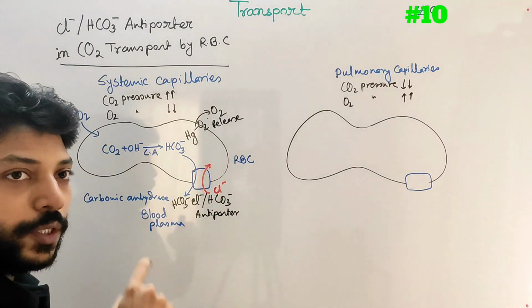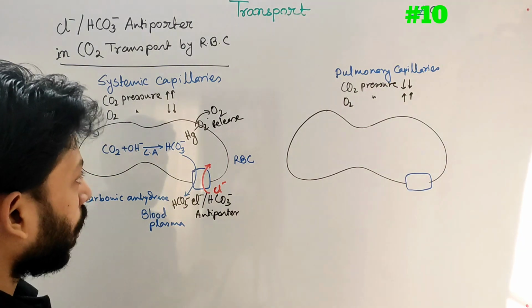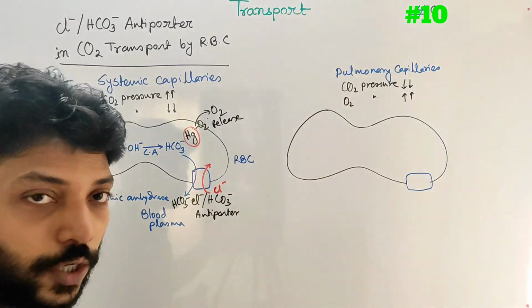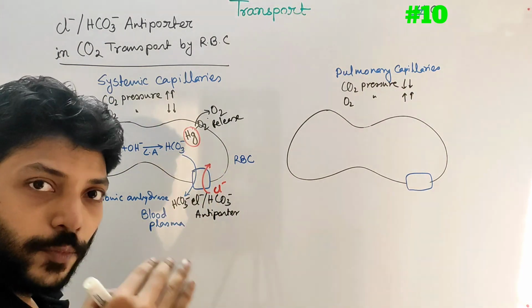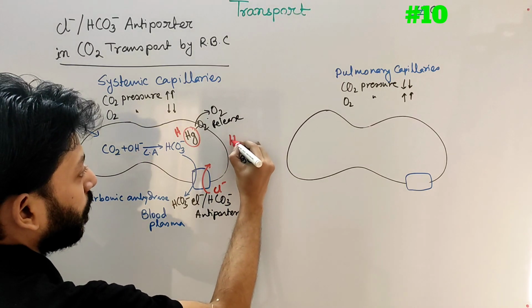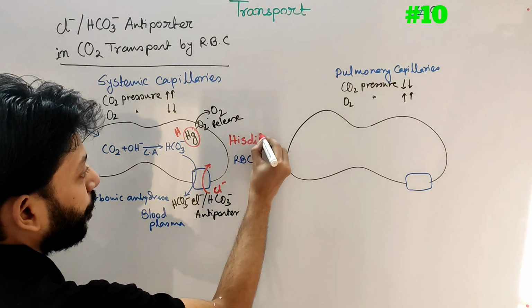When this hemoglobin releases the oxygen, a structural conformational change occurs. In the hemoglobin, one amino acid is present called histidine. Remember the name of the amino acid, histidine.